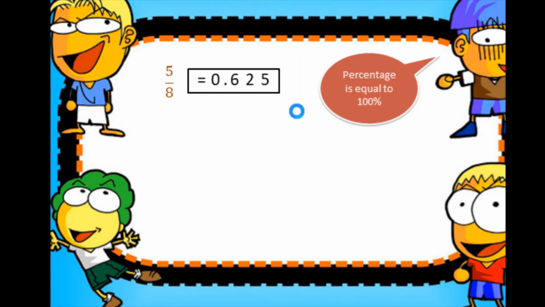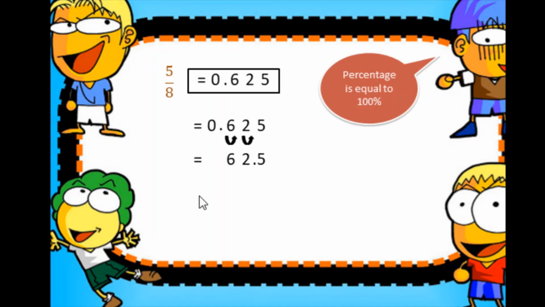You move 2 places to the right. Good job. So, it's like this. 1, 2. And then, you copy. It's 62.5 since you put the decimal point between 2 and 5.